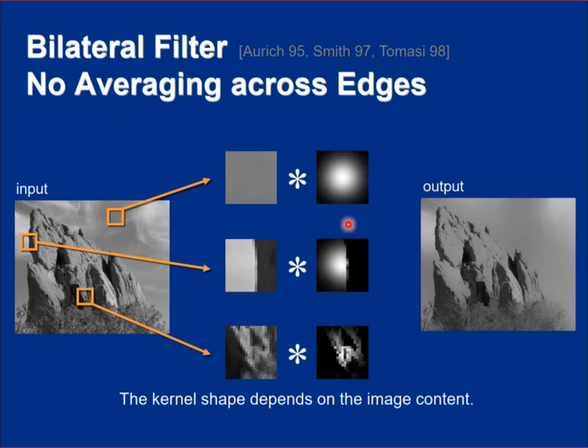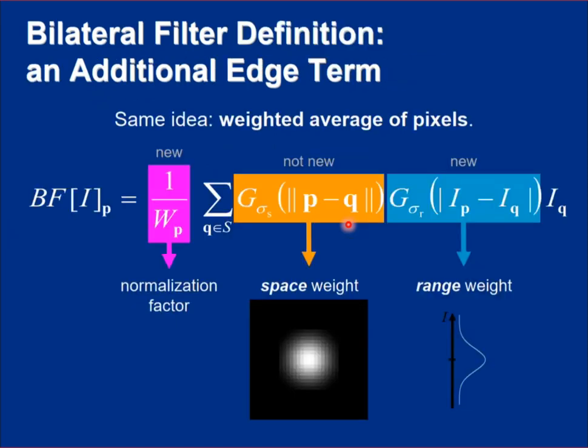Their proposed method is to use two different Gaussian filters. One is the original one for space, the Gaussian filter you saw in the previous slides.